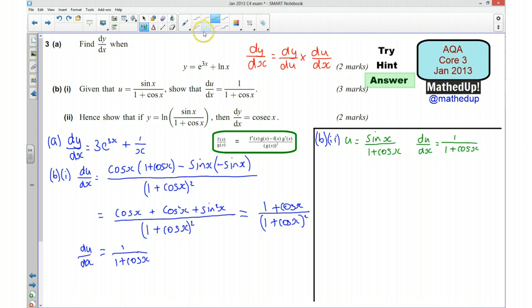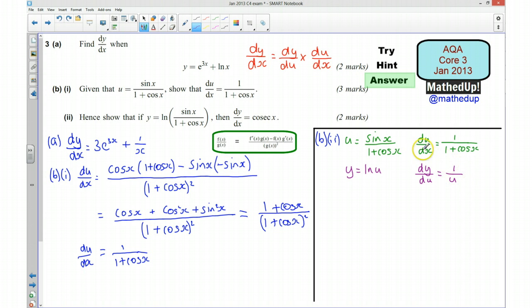Okay, I'm also going to say that y is going to be equal to ln u. Because u is equal to sin x over 1 plus cos x, so y must be equal to ln u. So I can now write down what dy by du is, which is what I need for this part here. And that's going to be equal to 1 over u.